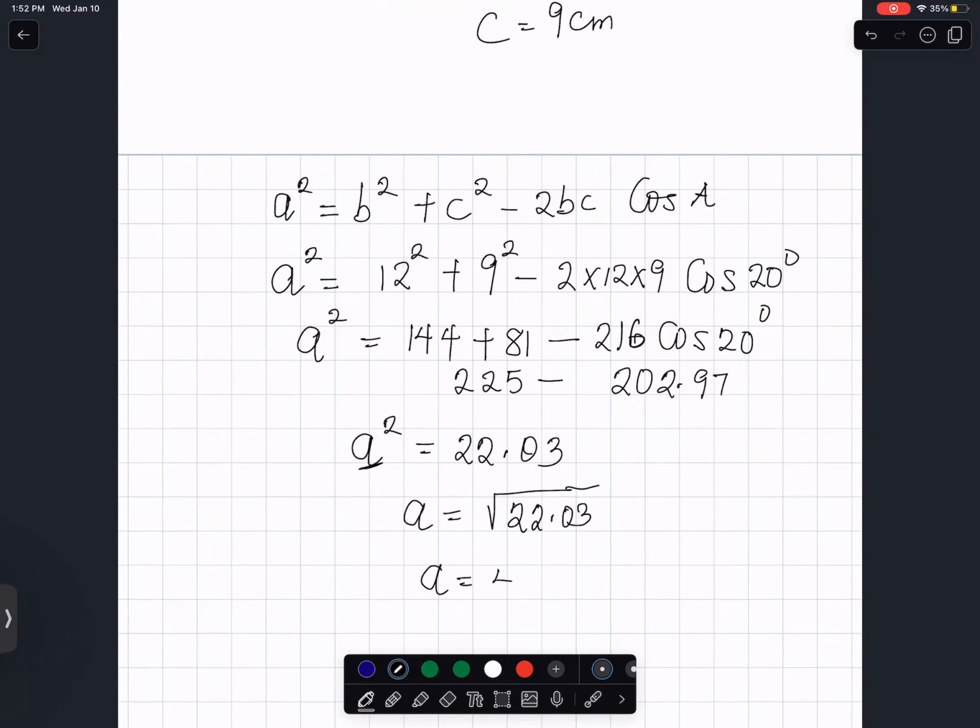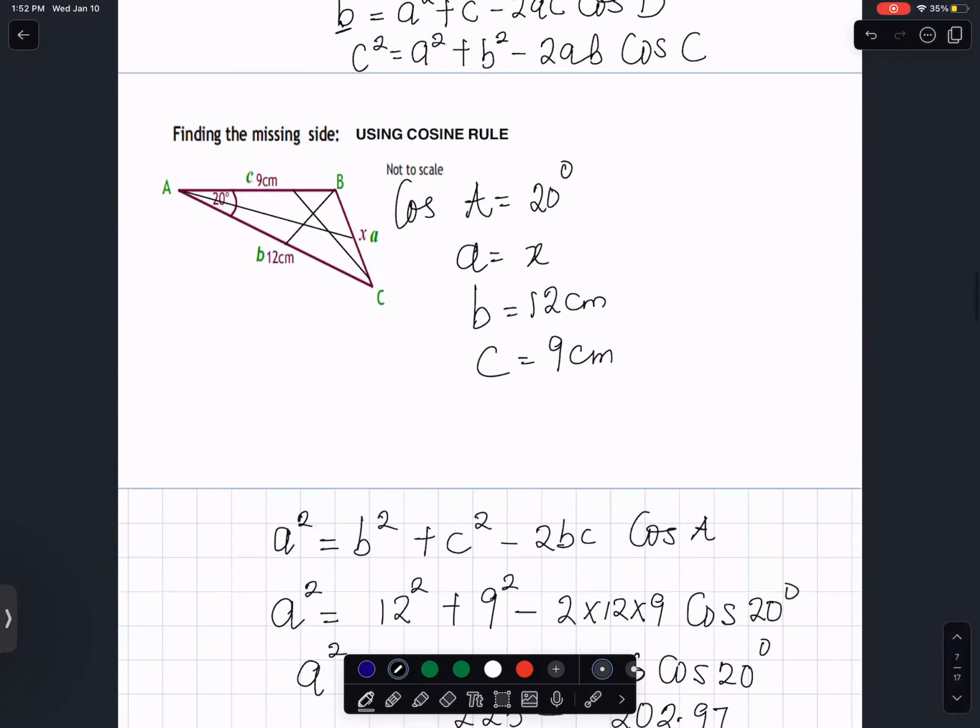So A is given to me as 4.69, or you can approximate it to 4.7 cm. So the value of A in this is 4.7 cm.